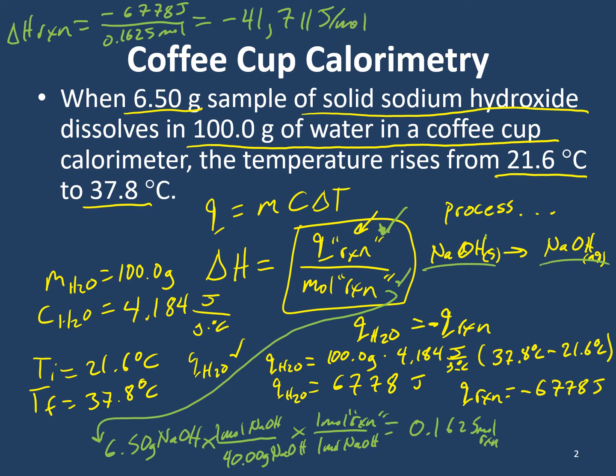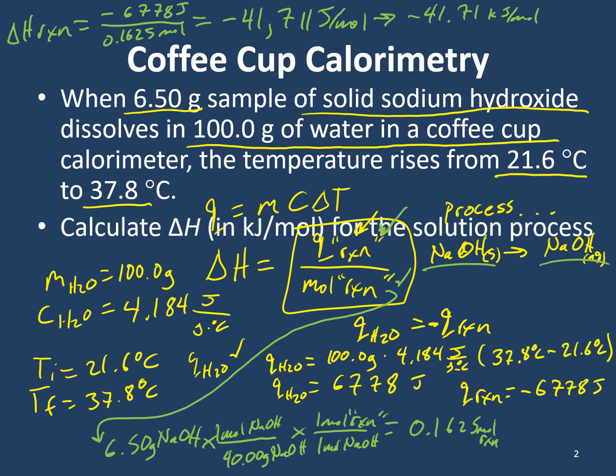Also, generally we'd ask for this problem in kilojoules, so let's convert that too. So this is going to give me negative 41.71 kilojoules per mole. All right, cool. So let's do another example.